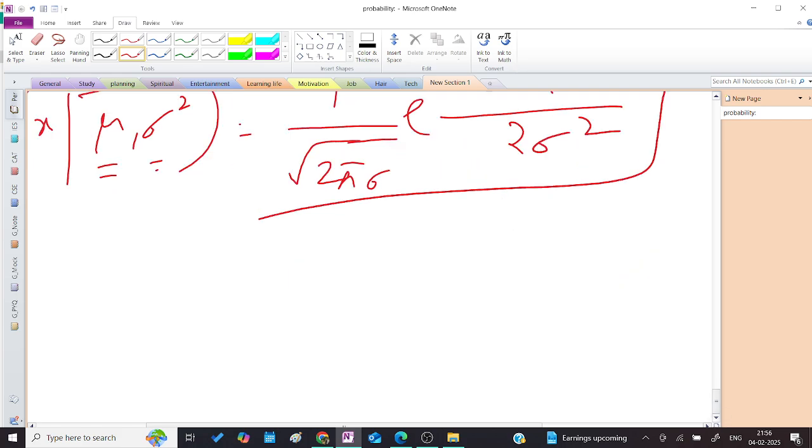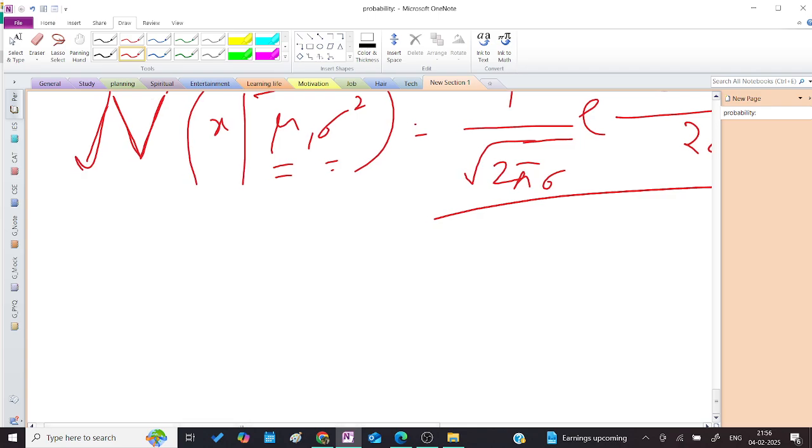and the precision of this Gaussian distribution is given by lambda, which is equal to 1 by sigma square.